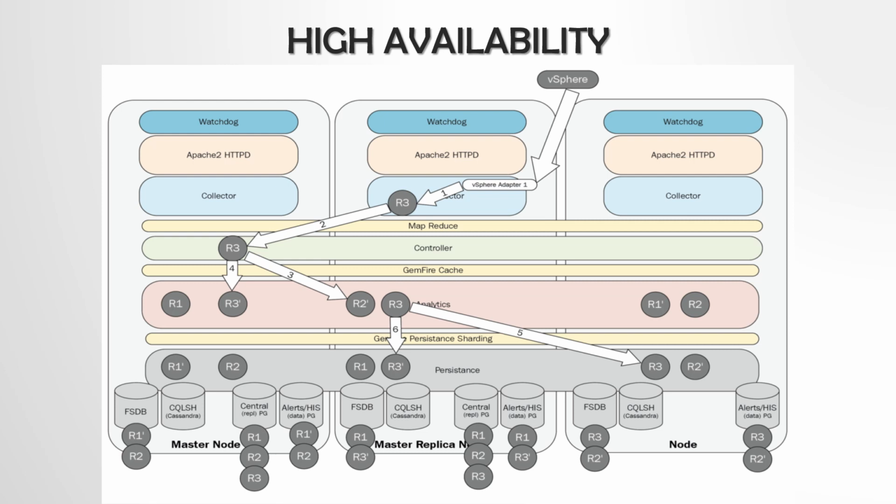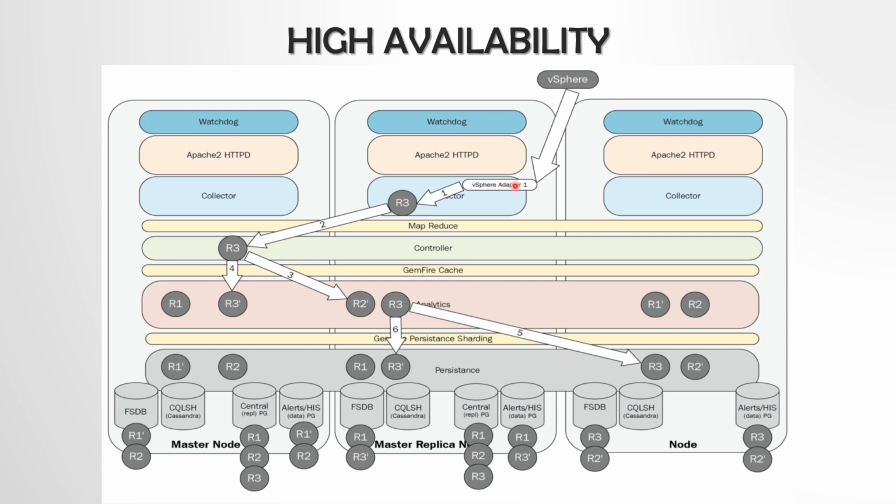Now we are going to see the process of incoming data and how it handles the creation of a new object in an HA configuration. Right now, the adapter is fetching information about a new object from this vSphere environment.